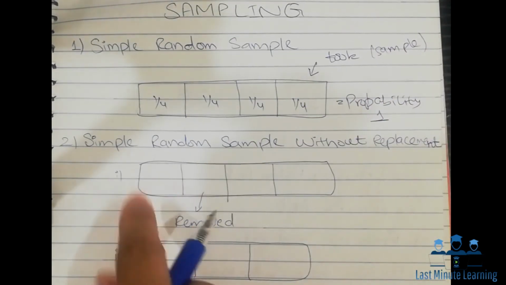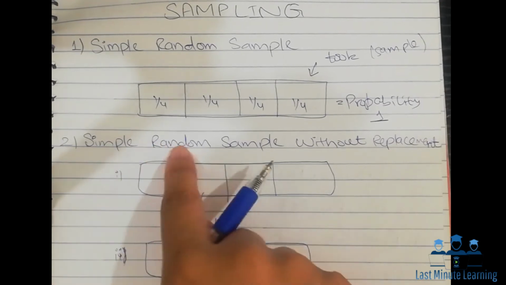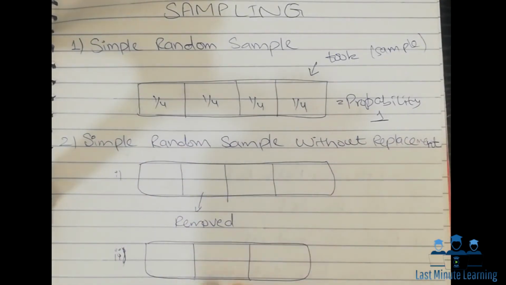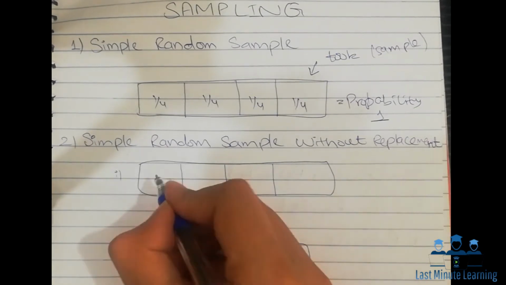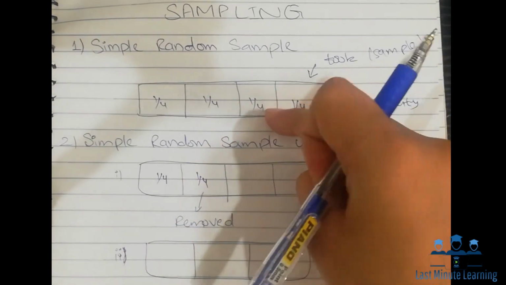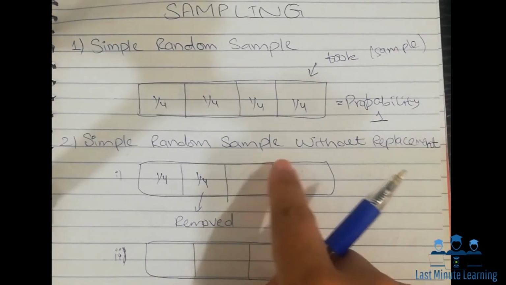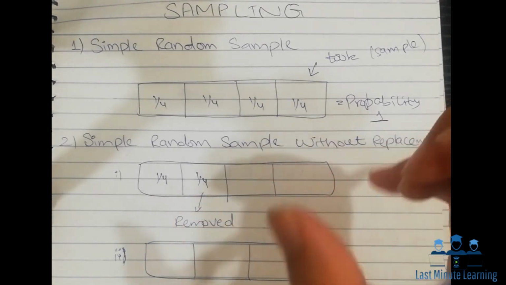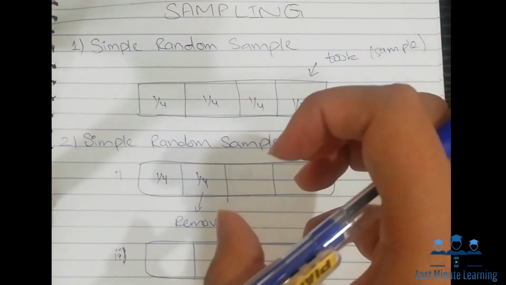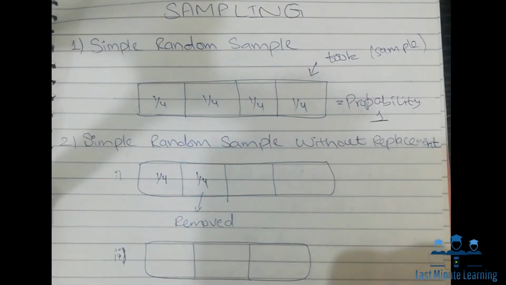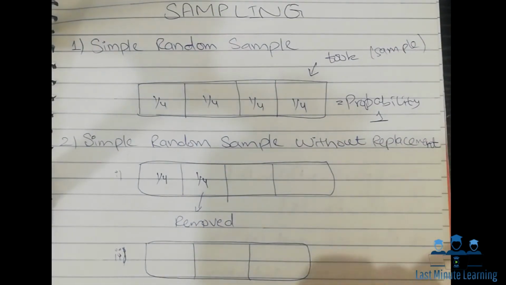In the second part, we can see that the name is simple random sample without replacement. Each is having probability of 1/4 as already told above. Now without replacement means that we take any particular thing from, for example, a bag. We take a red ball from it or any ball from it.